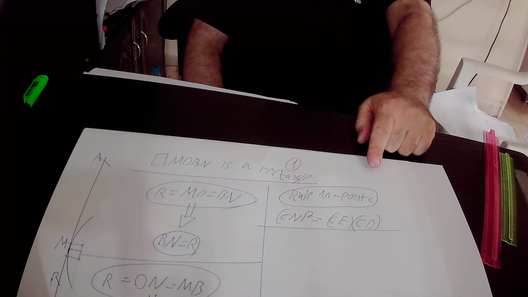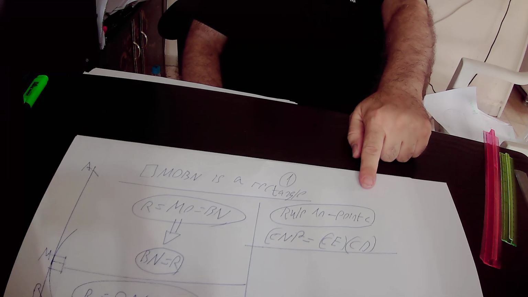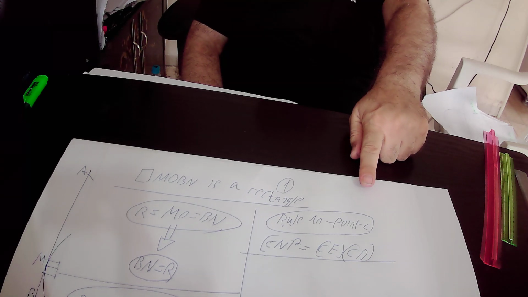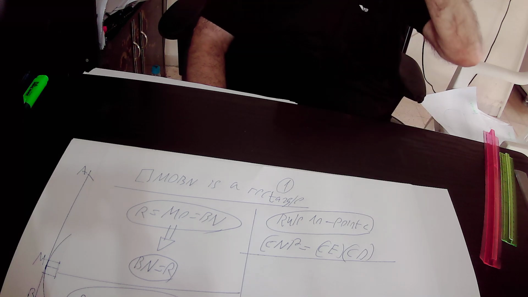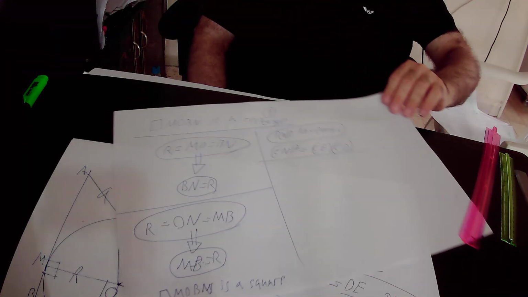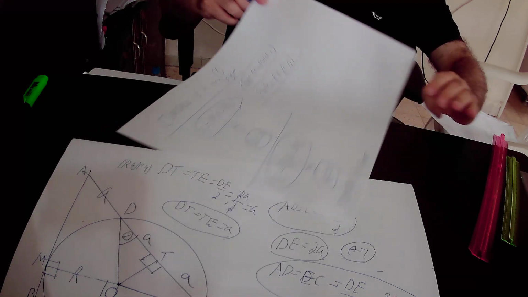At point C, according to rule number 10, Cn squared equals Ce times Cd.